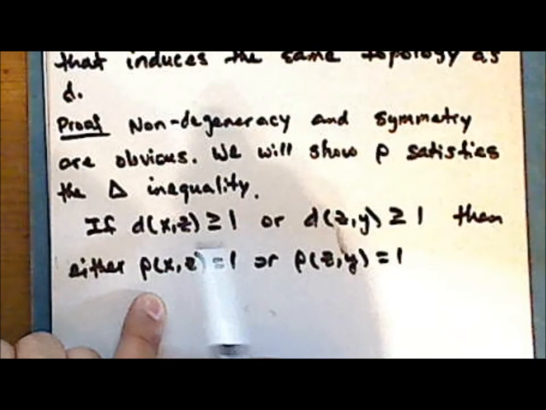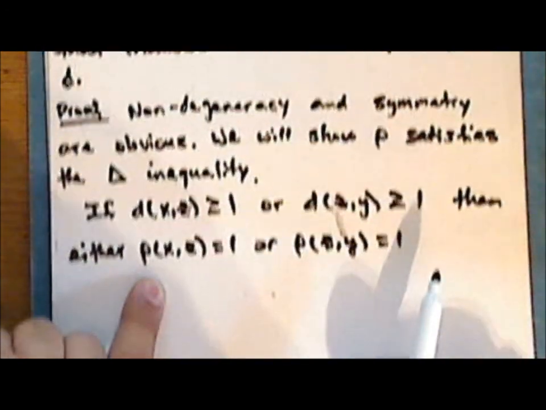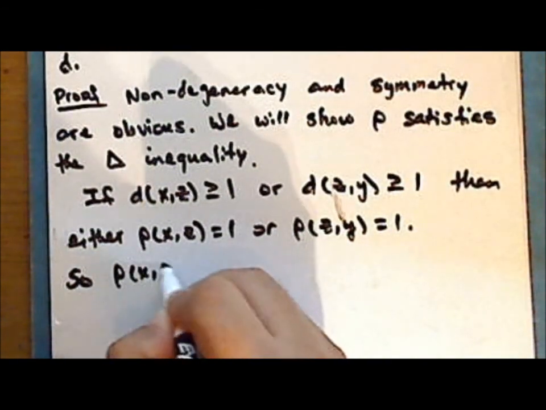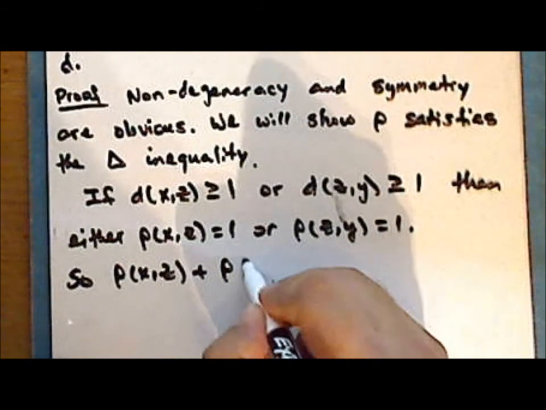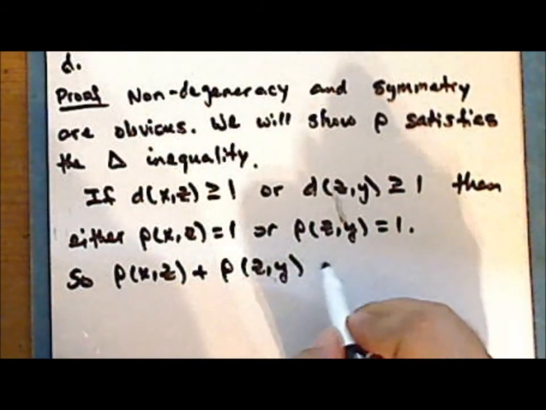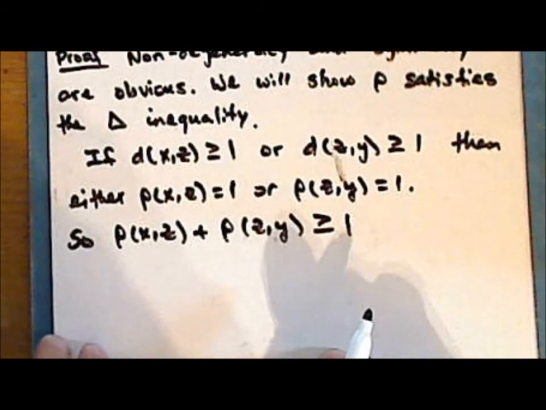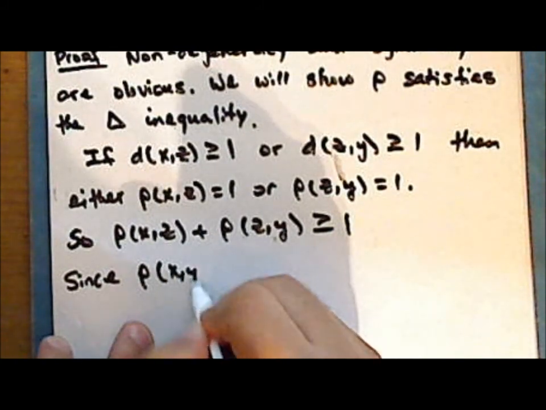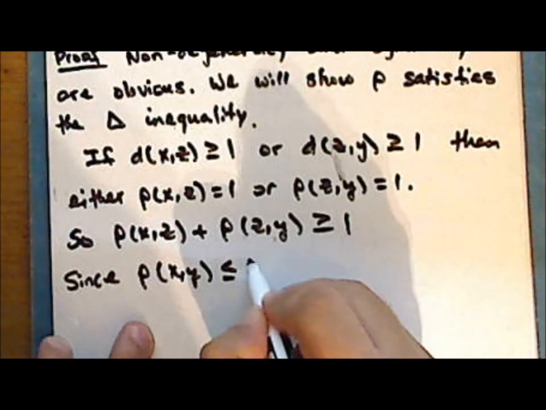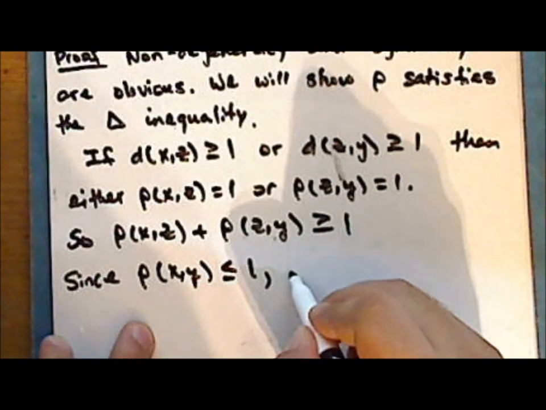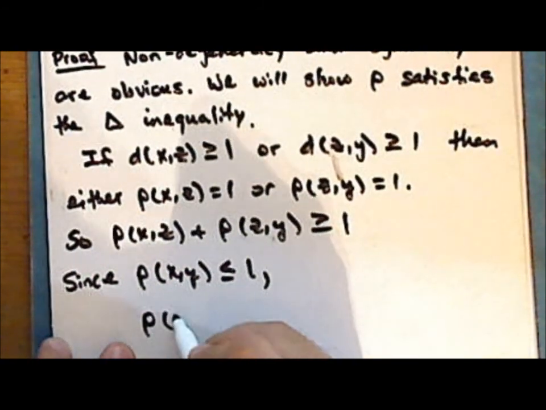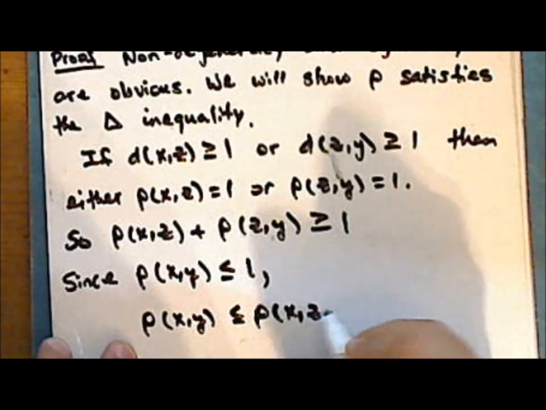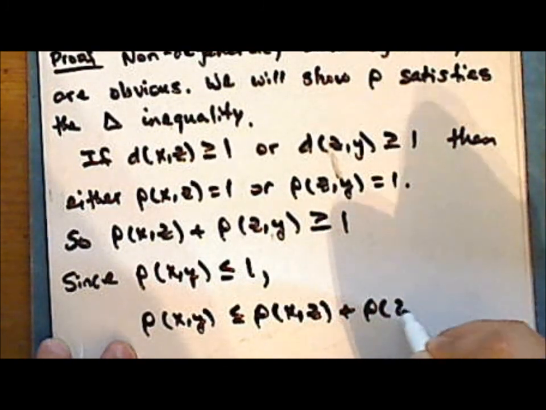And this is true for the points xz and zy. So the sum rho of xz and rho of zy is greater than or equal to 1. And since rho of xy must be less than or equal to 1, we have that rho of xy is less than or equal to the sum of rho of xz and rho of zy.